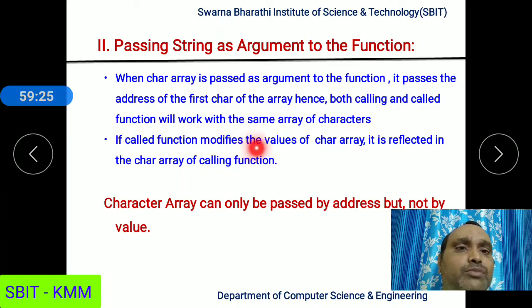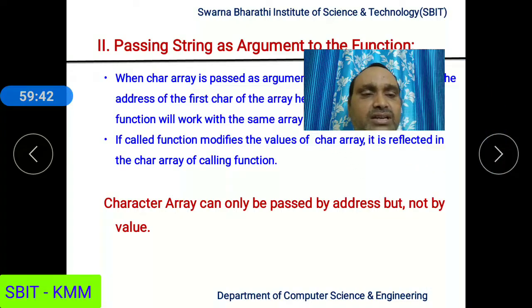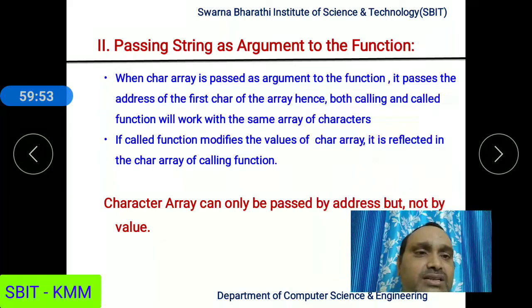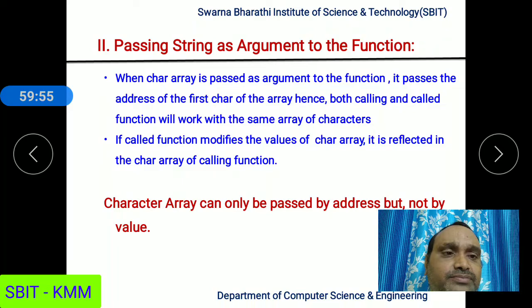If a called function modifies any character in the array, it is reflected in the character array of the calling function, because arrays are passed by addresses, means pointers, by reference. So therefore, both calling and called functions work with the same array values. A character array can only be passed by the address, but not by value. That we have to remember. This is the case for all arrays.